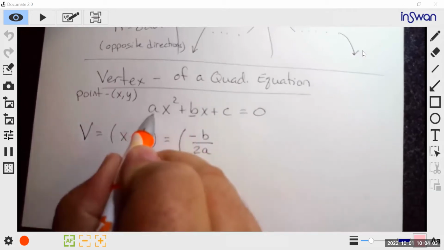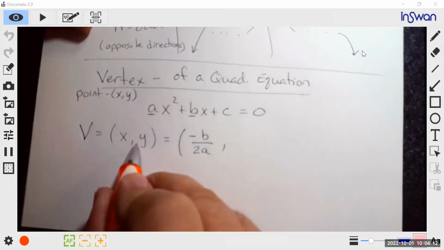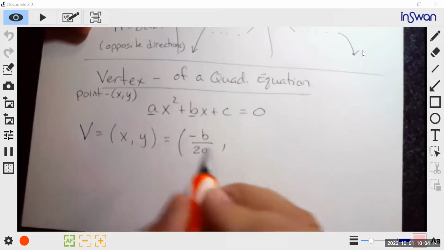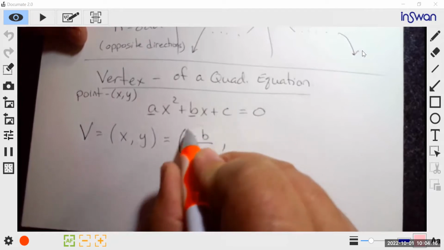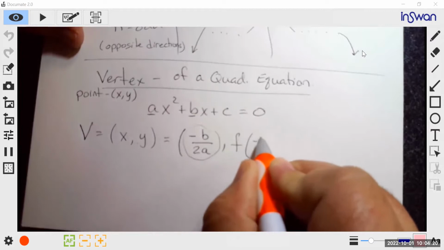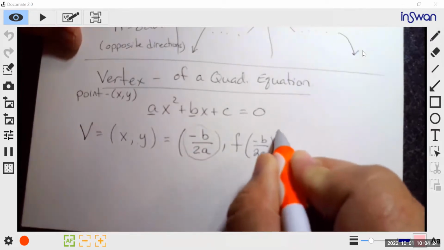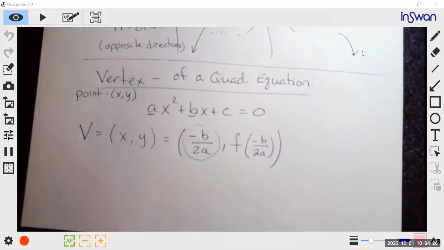Where b and a are the coefficients in your equation. And the y component of your vertex is, once you find this value here, plug it back into the equation and work it out, and that'll find you your vertex.